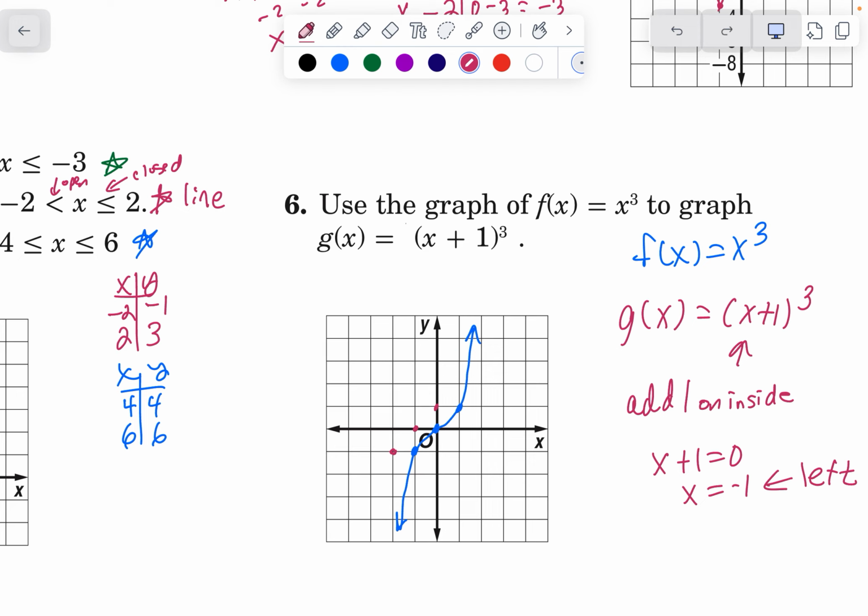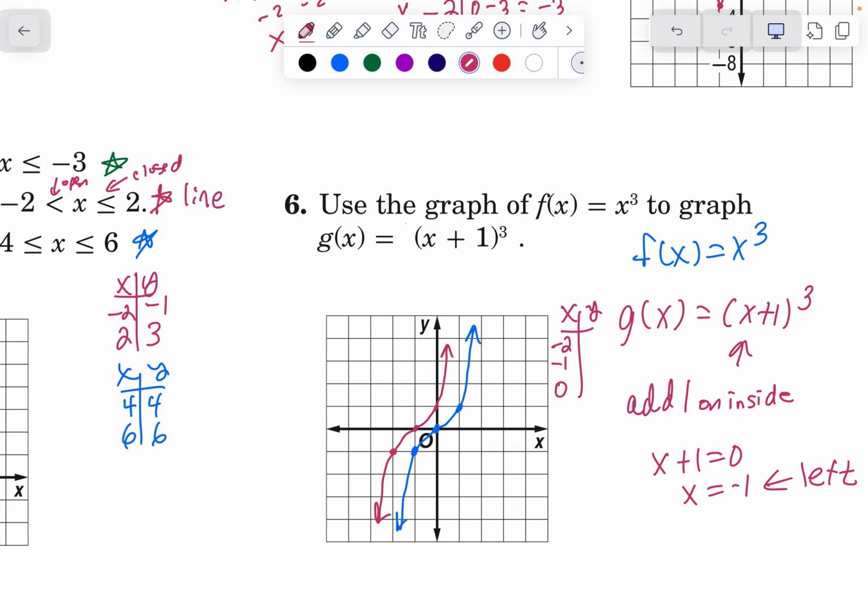The new graph lives right there. But you can always plug in some points. Remember, if you plug in the new center, 1 to the left of it, 1 to the right of it, you will get points that will verify your thinking, oh yeah, it moved 1 to the left.